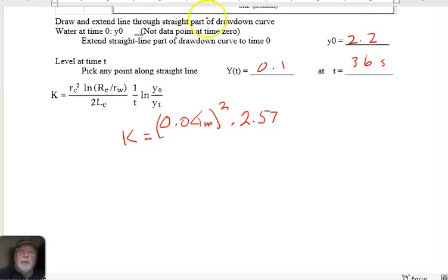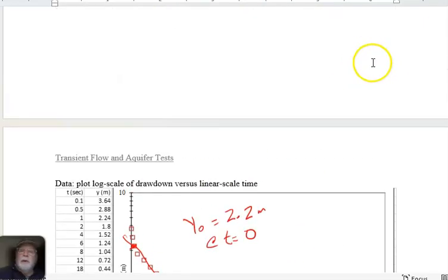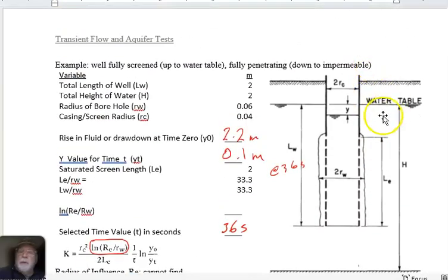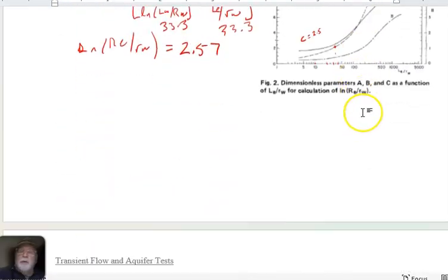And that's over 2 times LE, where LE is the screened interval.